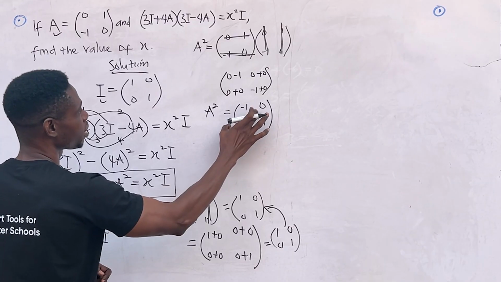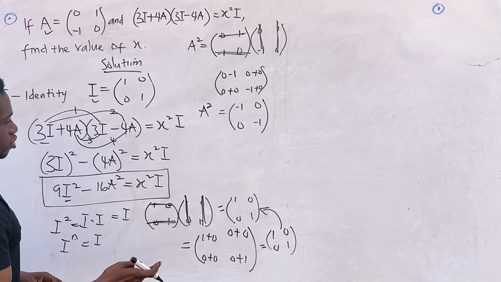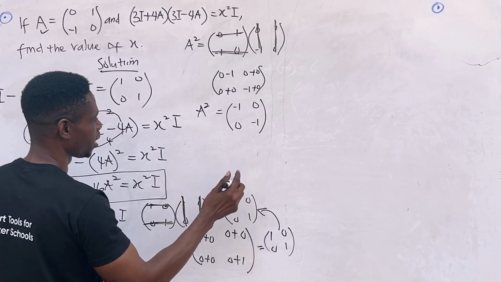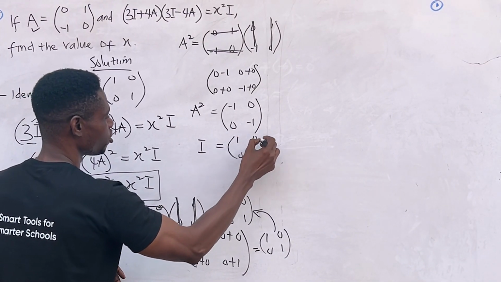Now if you look at this very well, it looks much like our I. Our I is 1, 0, 0, 1.